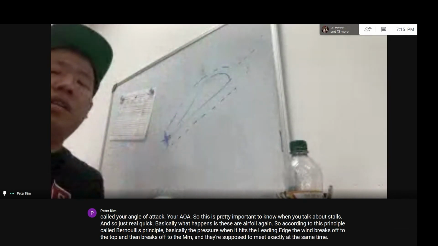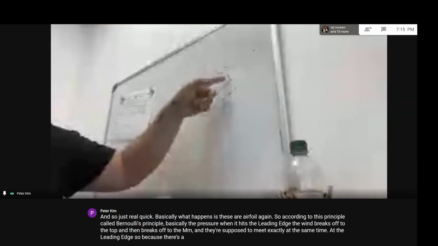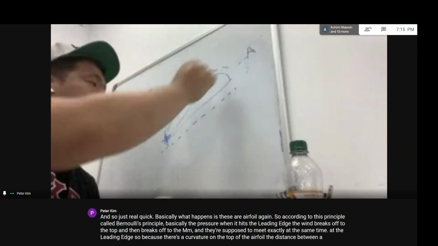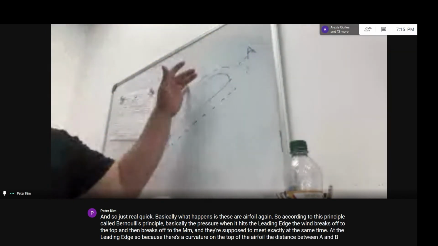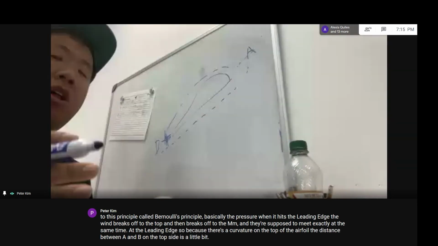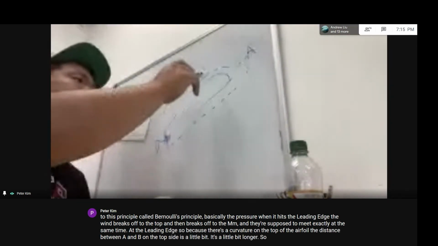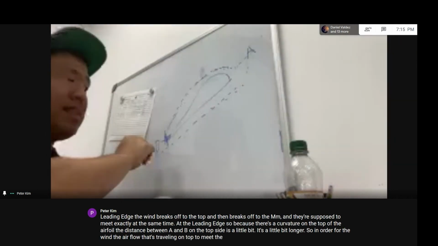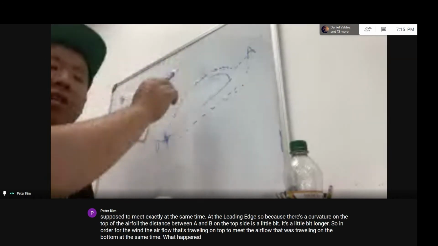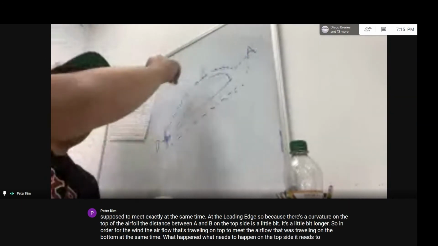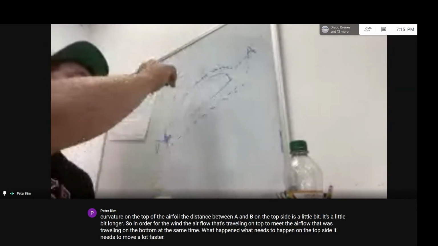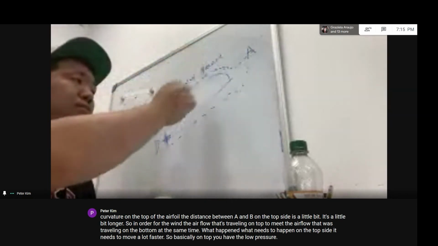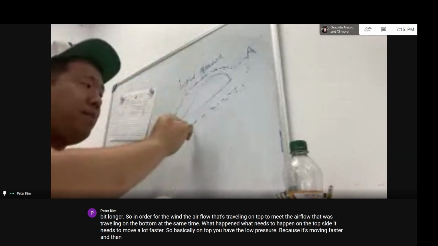The distance between A and B on the top side is a little bit longer. So in order for the airflow traveling on top to meet the bottom airflow in time, it needs to move a lot faster. So on top you have the low pressure because it's moving faster, and on the bottom you have the high pressure.